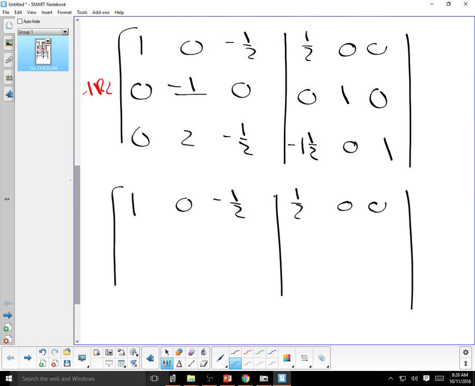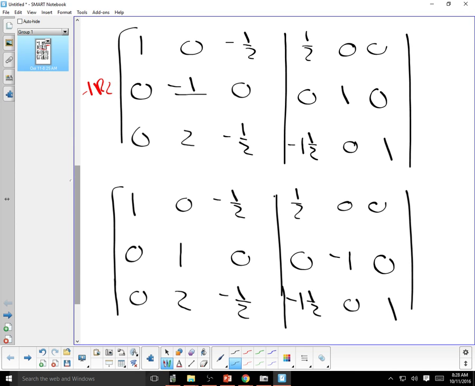In the middle row, that's going to give me a positive 1, 0, 0, negative 1, 0. And then I've got 0, 2, negative 1/2, negative 1.5, 0, 1.